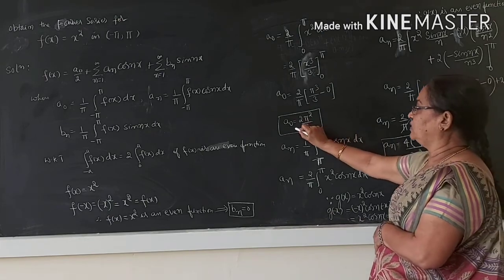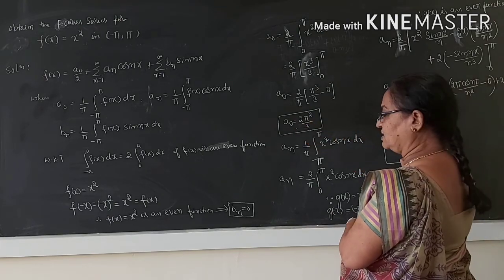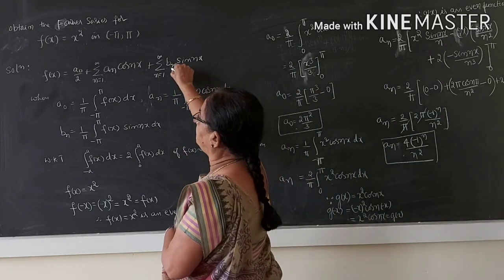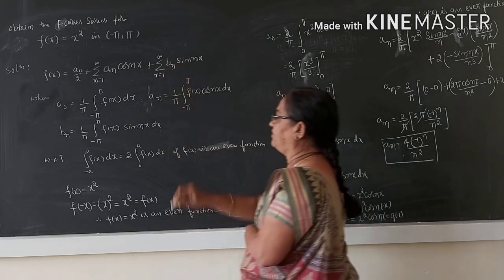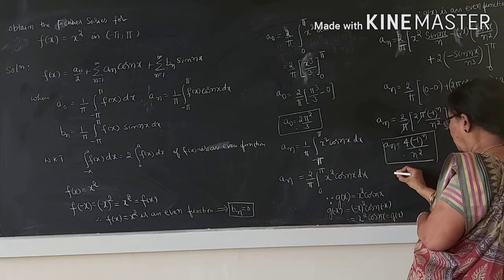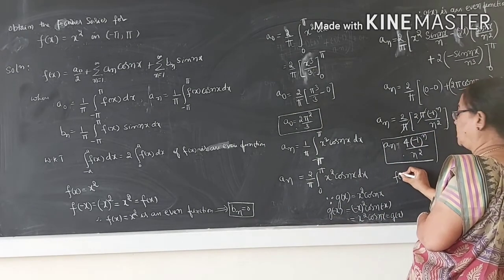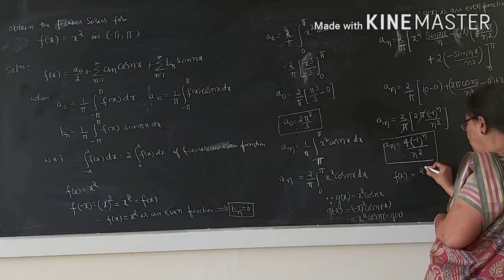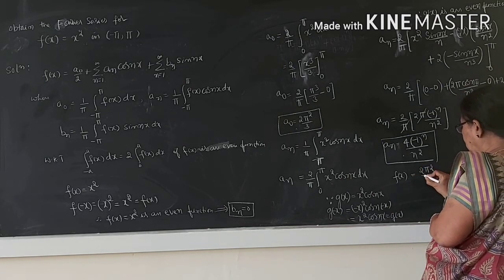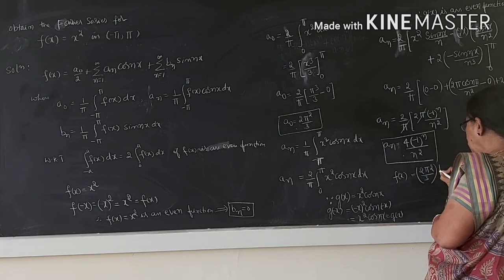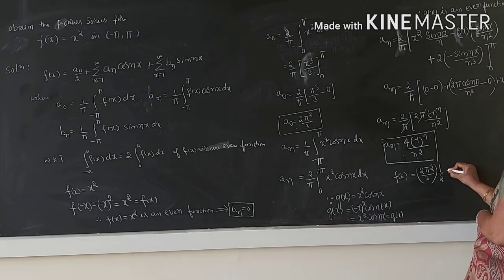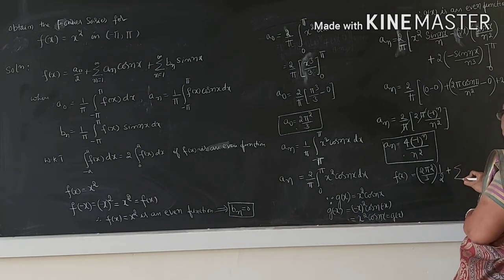We are having the value of a naught, we are having the value of an, and we are having the value of bn. Now we can substitute those values in f of x in order to get the Fourier series. Is it okay? Now I write f of x. It is 2 pi square by 3 divided by 2, I write this as 1 by 2 plus summation an.